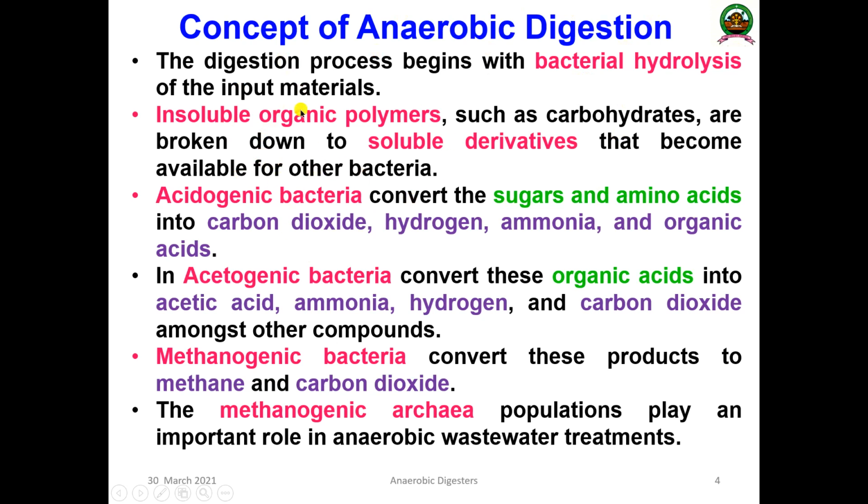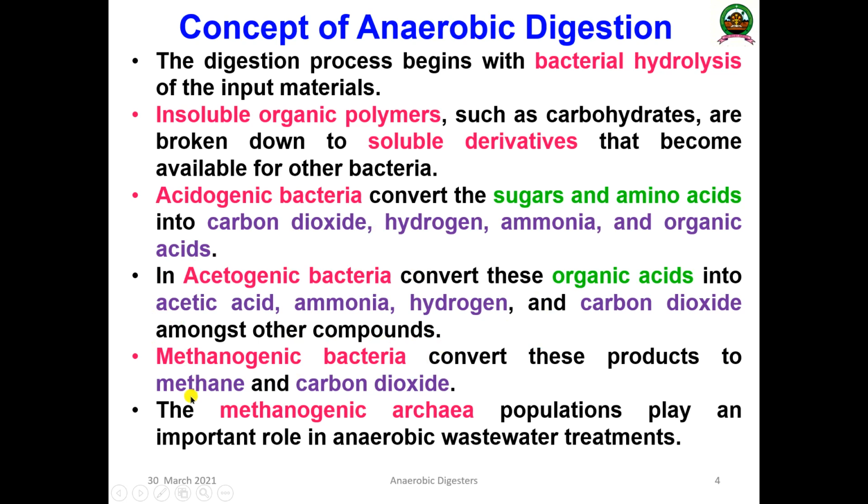Then the next group of organisms, called acidogenic bacteria, utilizes this substrate and converts the sugars, amino acids, etc. into carbon dioxide, hydrogen, ammonia and organic acids. After that, the acetogenic bacteria convert these organic acids into acetic acid, ammonia, hydrogen and carbon dioxide, in addition to other components.